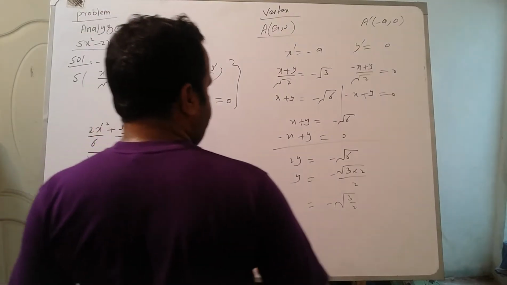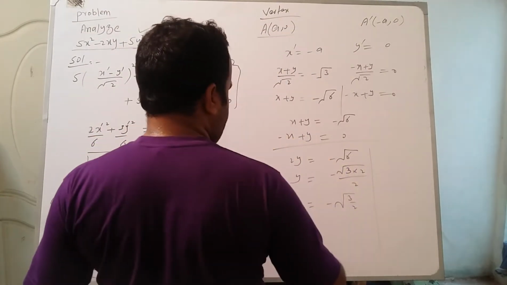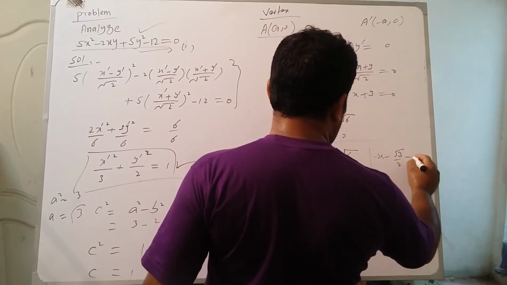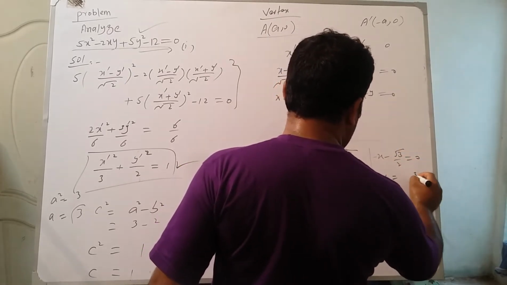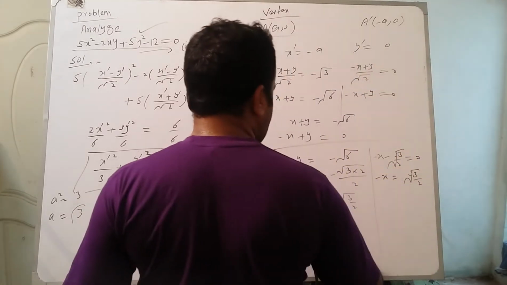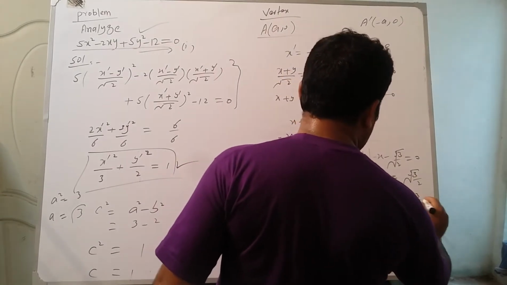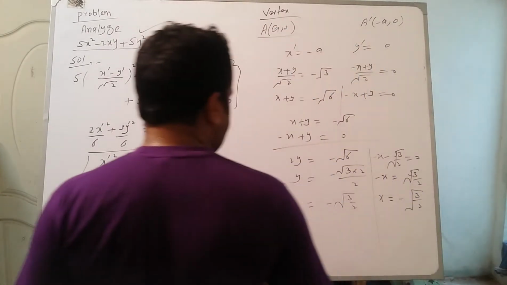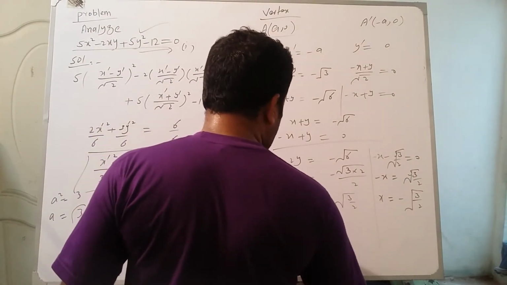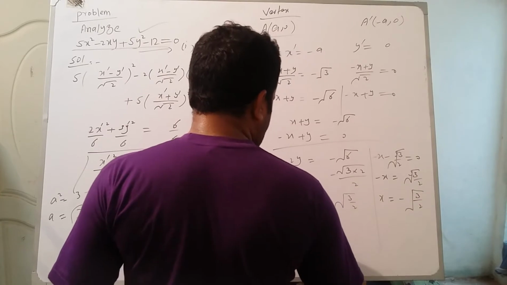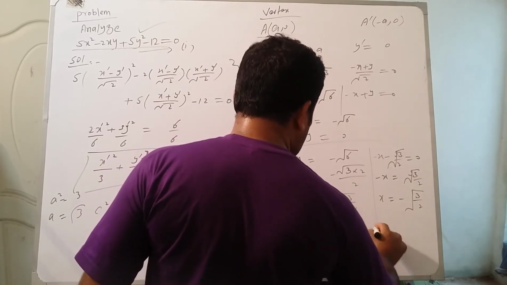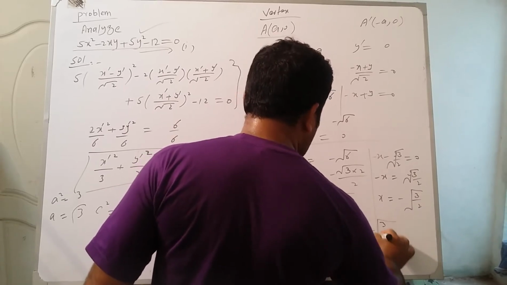Putting this value over here, minus x minus 3 over root 2 is equal to 0, minus x is equal to 3 over root 2, and x is equal to minus 3 over root 2. So what is the other vertex, A dash? The value of x is minus 3 over root 2, and y is also minus 3 over root 2.